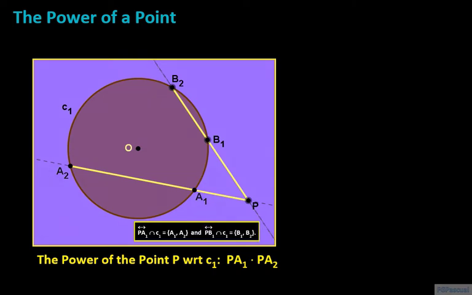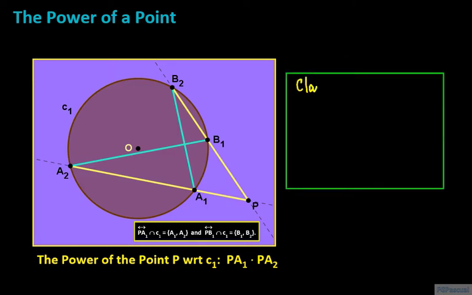We construct two additional chords, chord A1B2 and chord A2B1. We now make the following claim. We claim that triangle A1PB2 is similar to triangle B1PA2.